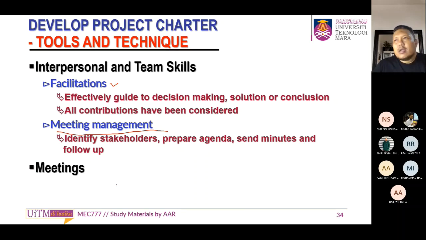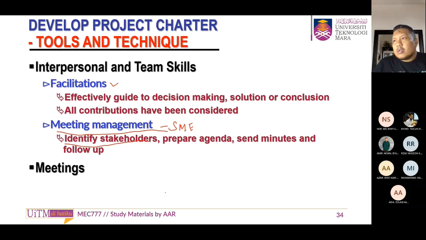Sometimes we call it the interpersonal skills, and the team management we call the interpersonal and team skills. Under meeting management, what we call SMEs? Not small medium enterprise, but subject matter expert.